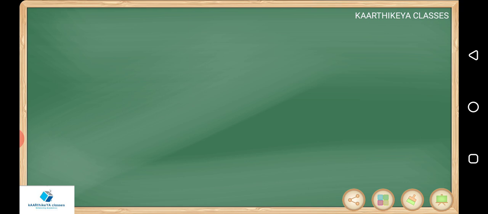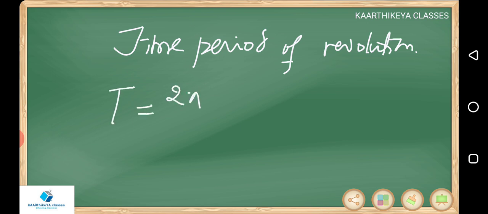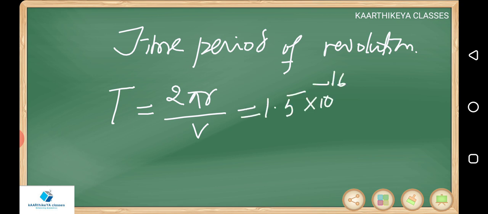At the same time they will ask you about the time period also. The time period of revolution is also asked. It is the reciprocal of the number of revolutions: 1.5 × 10^-16 n³/Z².